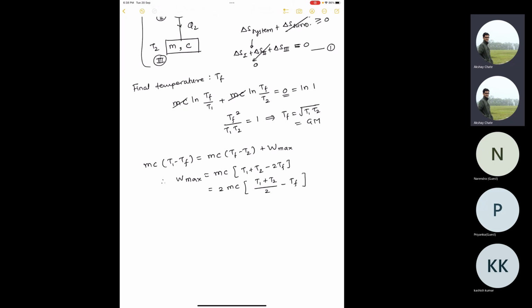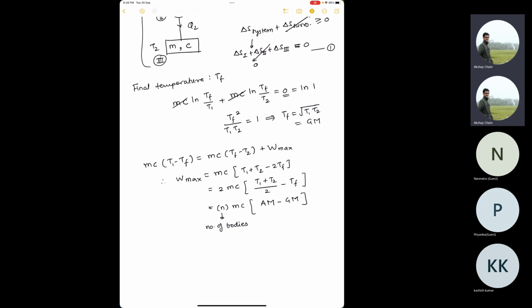In some subjective exams, this question was asked, and they said instead of 2 bodies, if you have n bodies, what will you do? So there you can modify this. You can write it as n MC times arithmetic mean minus geometric mean. So n is your number of bodies.